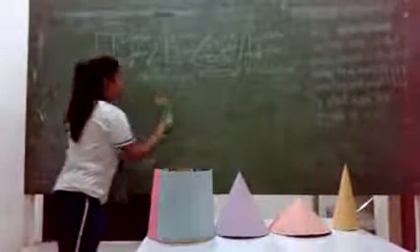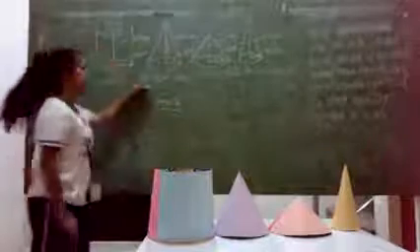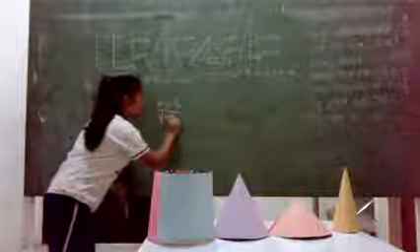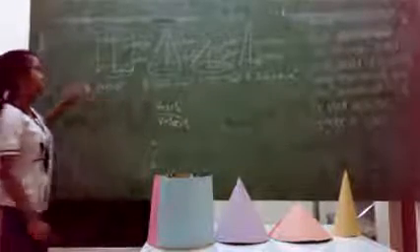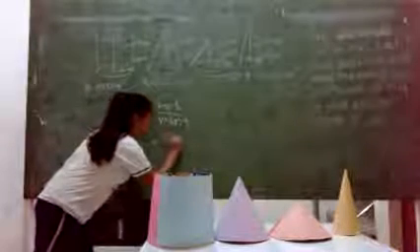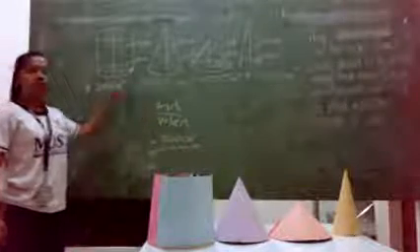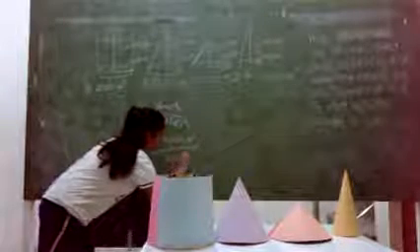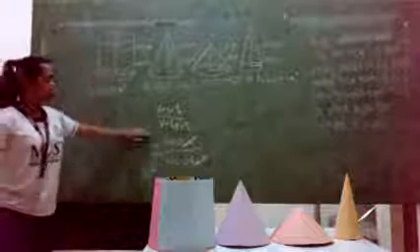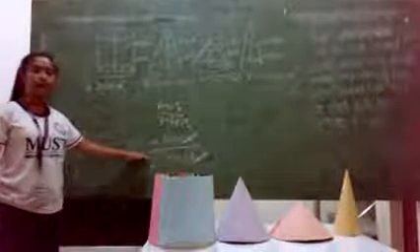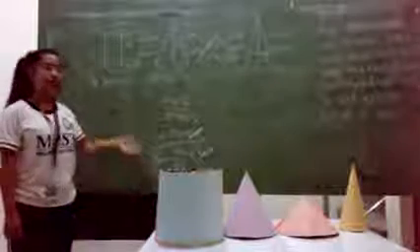The volume of the cylinder is 2000 pi centimeter cube over the volume of the cone, which is 666.67 pi centimeter cube. 2000 divided by 666.67 is equal to 3. This cone will be poured 3 times to fill the cylinder.